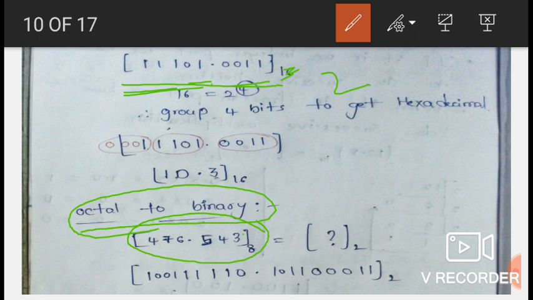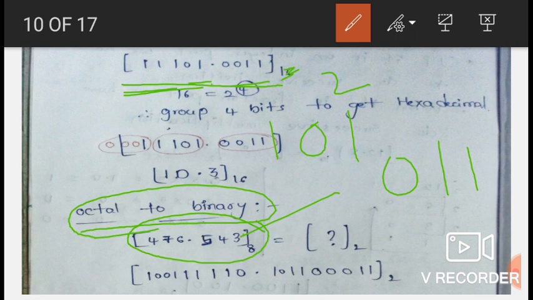How are we going to write 3 in binary? 011. Like that. 4, how do we write it in 3 bits in binary? 100. If you want to convert 5 to binary, what value are we going to get? 101. Like that we can do the process to convert octal to the binary number system.